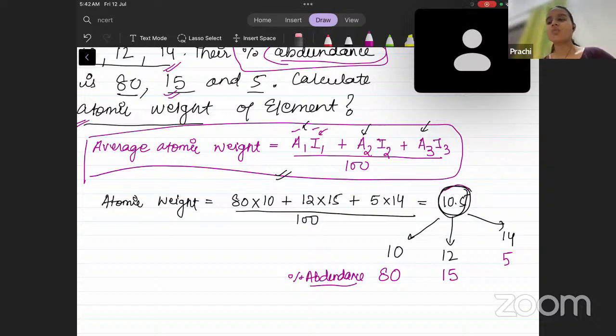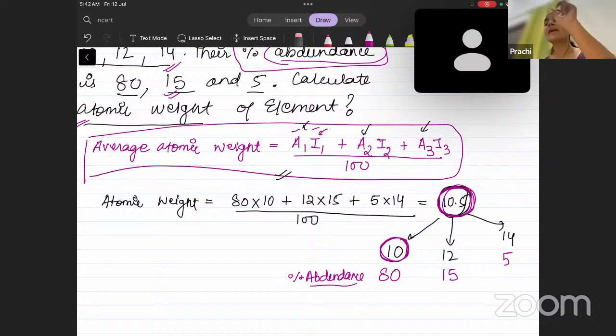Now what we can see here is that the average atomic mass is near to which mass? We have three isotopes, and the average atomic mass that I am getting is near to the value 10.